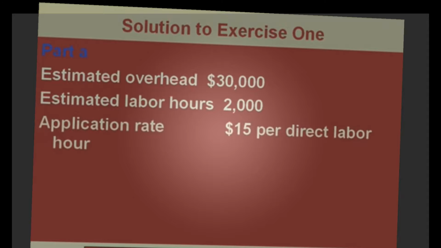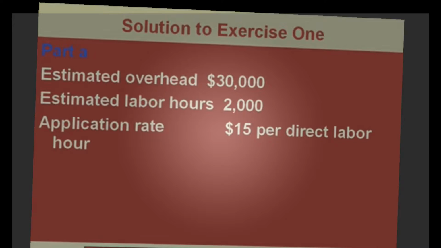By dividing overhead by labor hours, you get what's referred to as the application rate. This is how much a company would charge for overhead right through the year. In this case, it's $15 per labor hour. This means the company would charge overhead $15 for every hour worked by employees on a job.